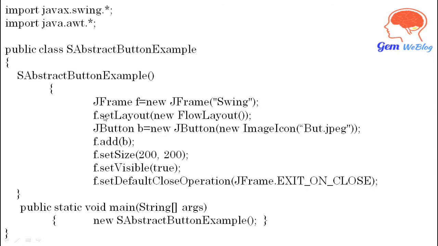Inside the constructor we have created the object for the frame and set the layout for the frame, and then we have created a button with an image icon as parameter and added it into the container frame. Then we have set the dimension of the frame and made it visible to the user. Then we have set the default close operation to exit on close. Inside main we have called the constructor.